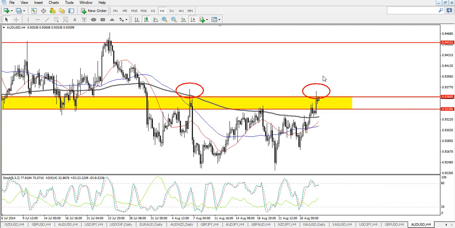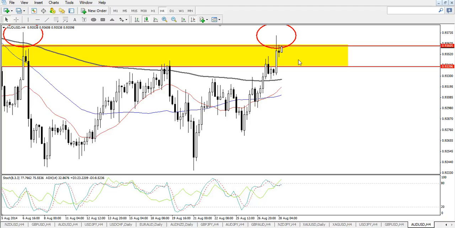But if it breaks above, then of course we'll look for a long opportunity. So right now there is a reversal candle right over here, and if price is able to fall a little bit further to form a confirmation, that might be a good short trade.